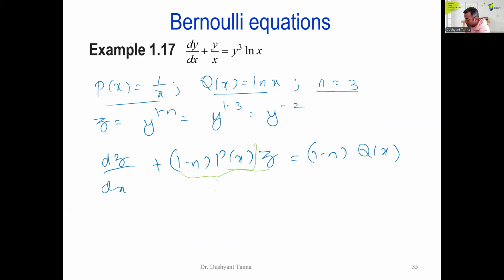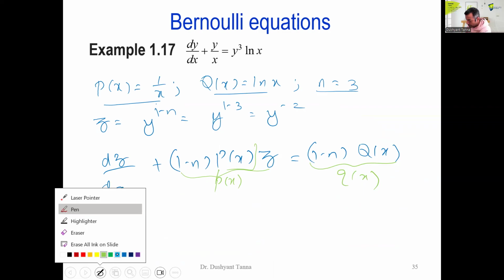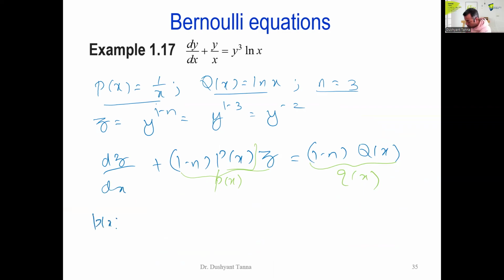I call this bit small p of x, and this bit small q(x). If you want, you can call it R and S, like anything else. I'm just following the booklet that we have.